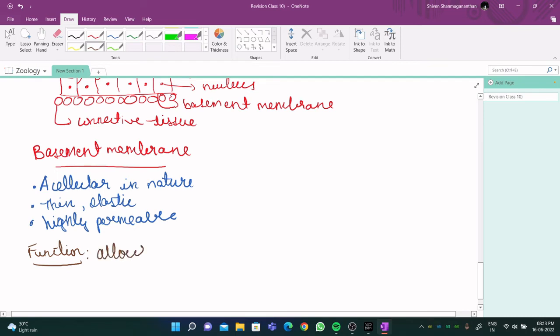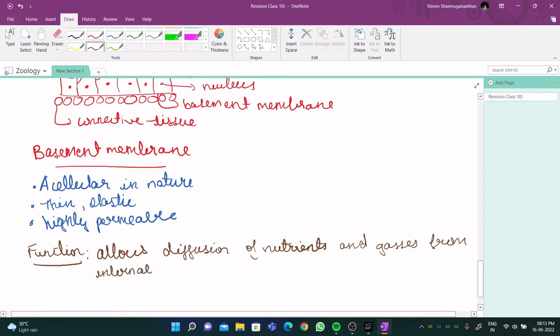Allows diffusion of nutrients and gases from internal connective tissue to the outer epithelial cells.